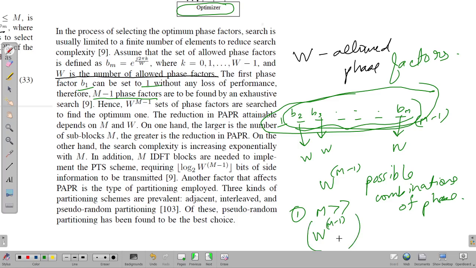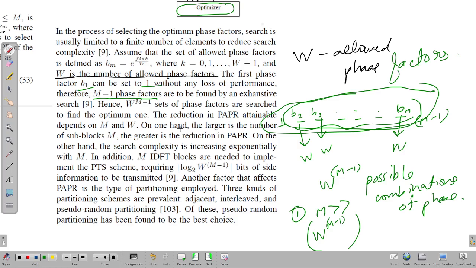That number is going to be large if m is large. The optimizer needs to search over w^(m-1) phase sequences to find the optimum phase sequence, the one that gives you minimum PAPR.